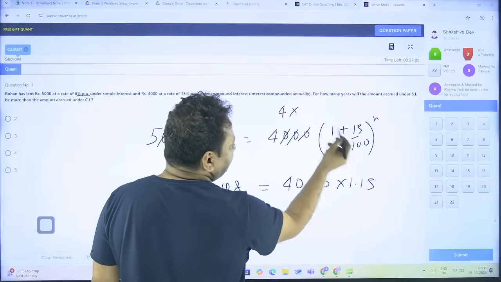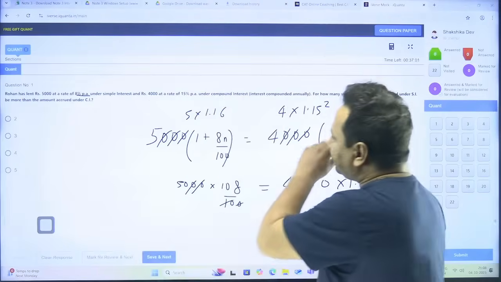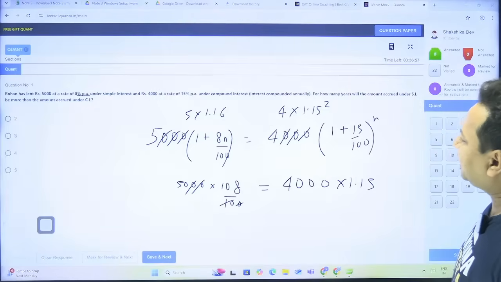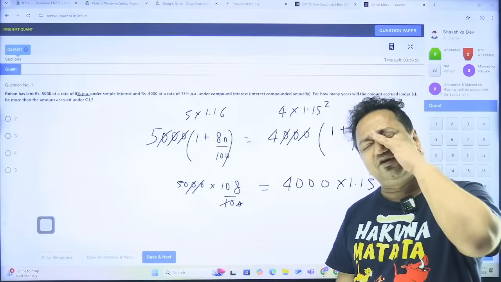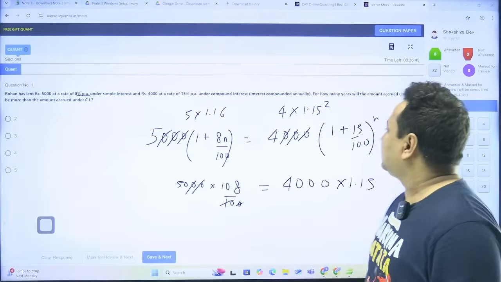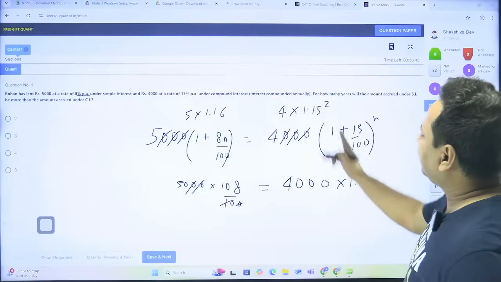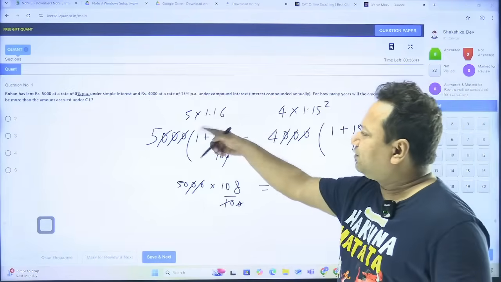Here 4 into 1.15 square is what I have. Square of 115 is 13225, so 1.3225 multiplied by 4 is 5.2 something. This will be more than 5.2 for sure.